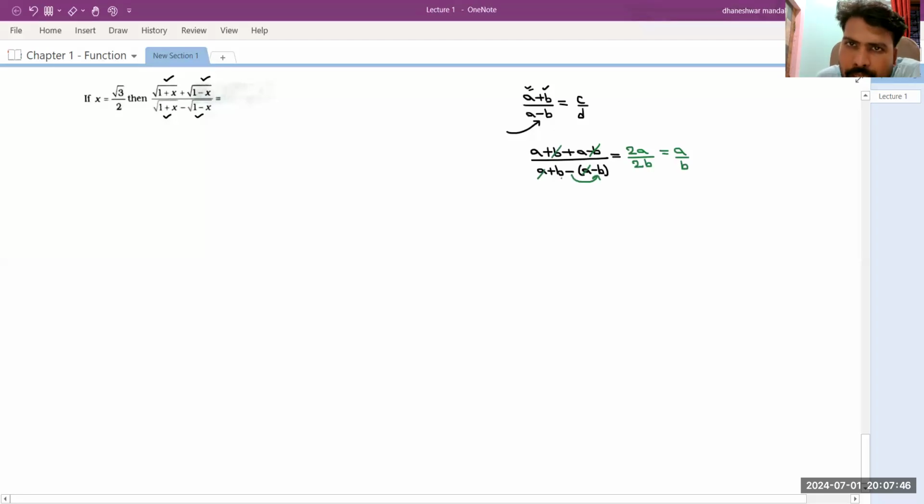So here I am going to use the componendo dividendo method, and I add the denominator with the numerator in the numerator. And I subtract the denominator from this term. So again, I have to do the same method here. Add the numerator with the denominator and subtract the denominator from the numerator so that the ratio will be the same.